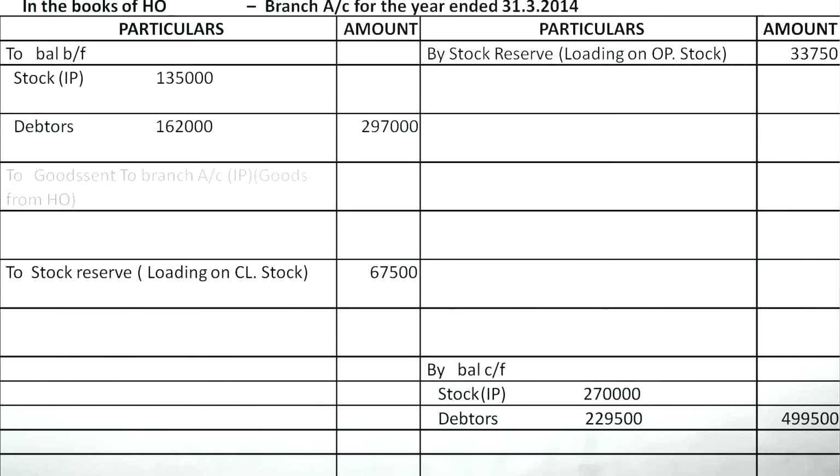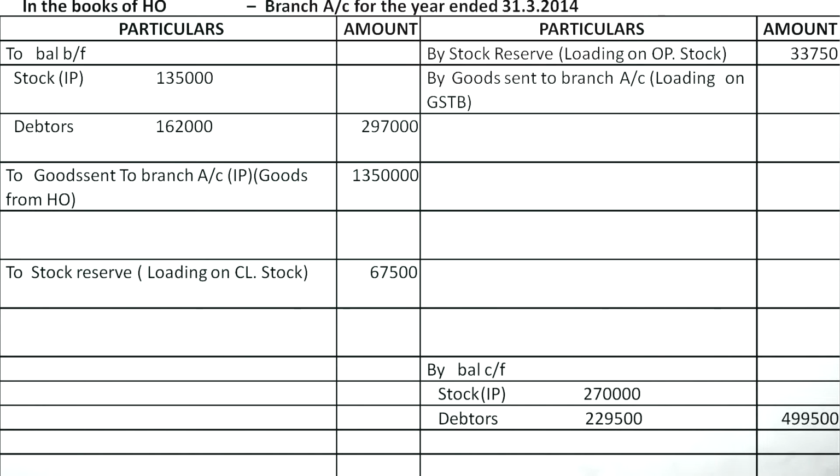Next one. Goods sent to branch at invoice price 13,50,000. The journal entry of this 13,50,000 will be branch account debit to goods sent to branch.